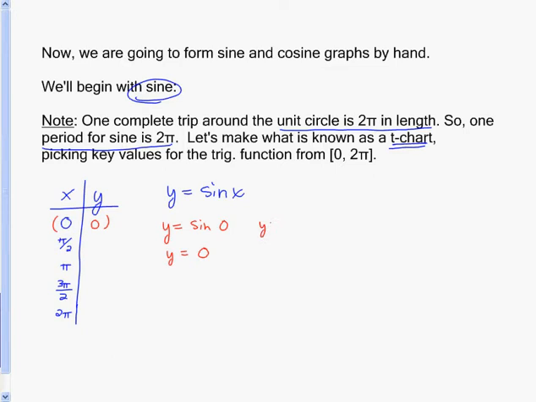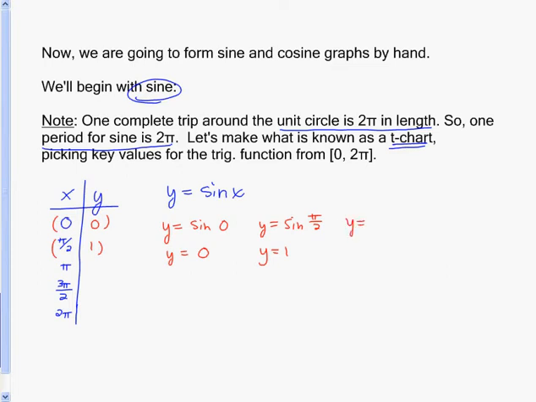If I take y equals sine of pi over 2, that's the same thing as y equals sine of 90 degrees, and hopefully you know the sine of 90 degrees is 1. So my next point is (pi over 2, 1).